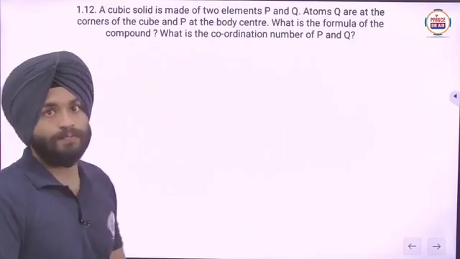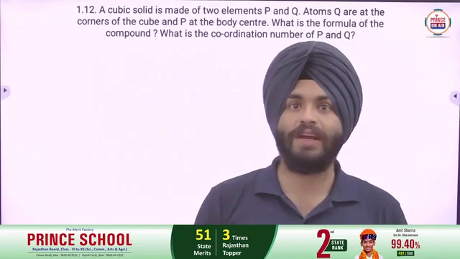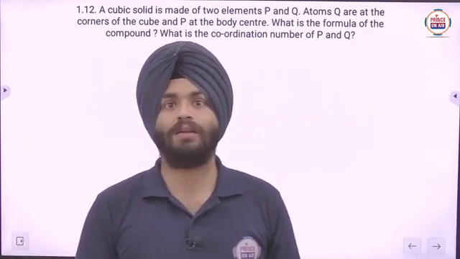Next is, a cubic solid is made of two elements P and Q. Atoms Q are at the corners of the cube and P is at the center.